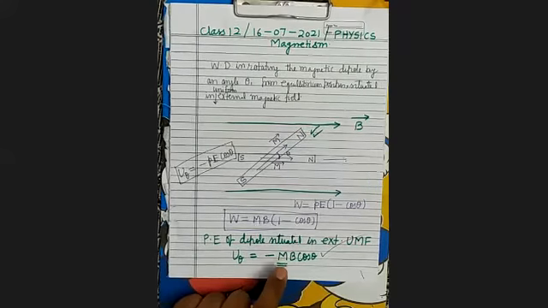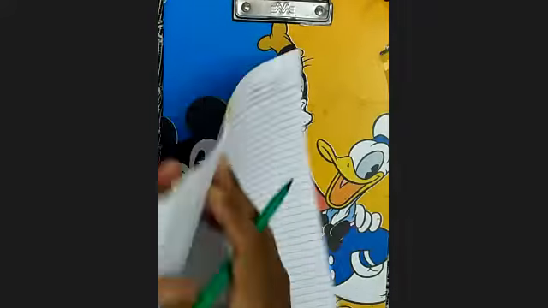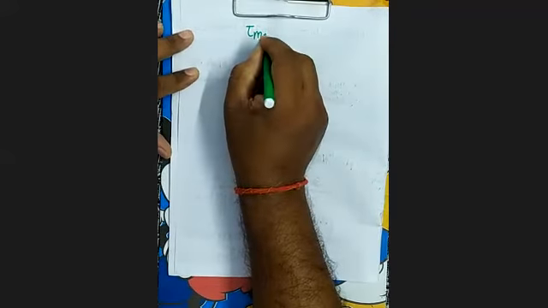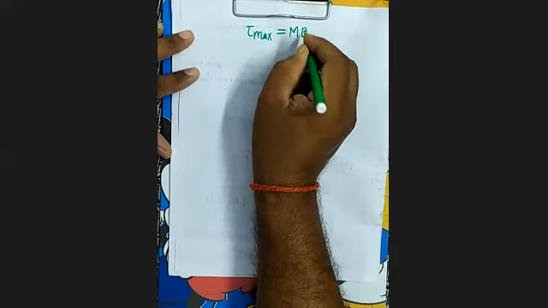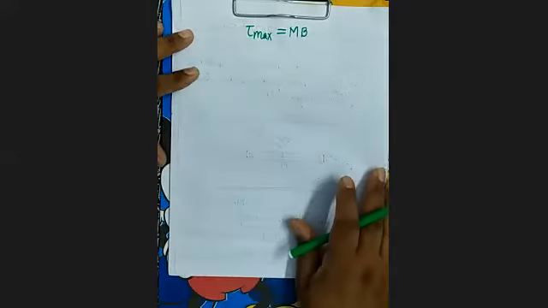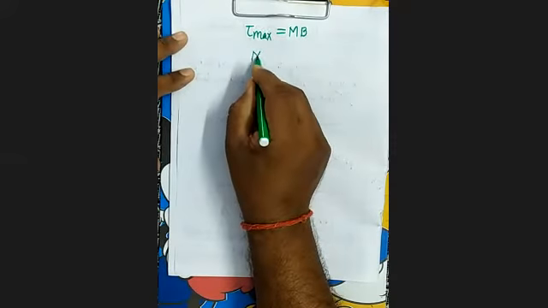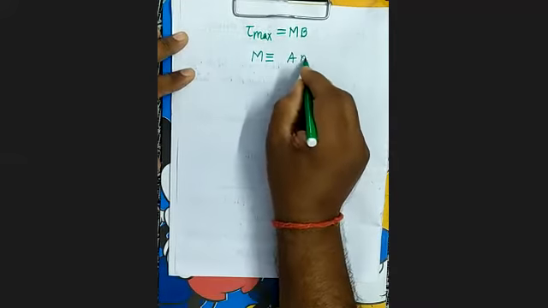Its unit, I have told that this is the defining equation of magnetic moment. Tau max equals to m into b, and from that I have deduced the definition. It's clear. Yesterday I have explained. You can watch the videos once again. From that you can know what is the unit of magnetic moment. I have deduced one unit of magnetic moment from this, that is ampere meter square.